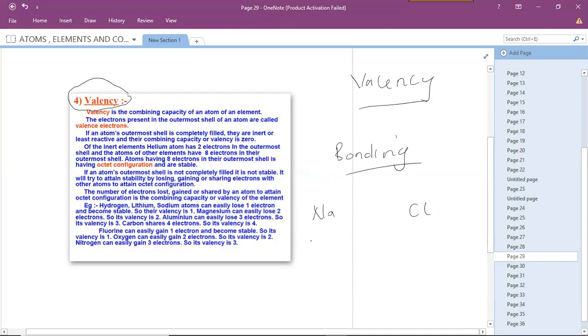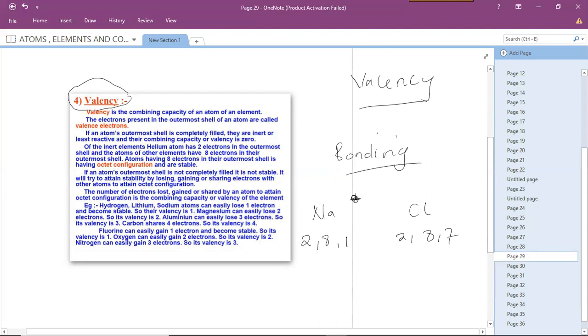Sodium is going to have an electronic configuration of 2, 8, 1. Then chlorine is going to have an electronic configuration of 2, 8, 7. So the valency of sodium will be 1, and the valency of chlorine is also going to be 1.